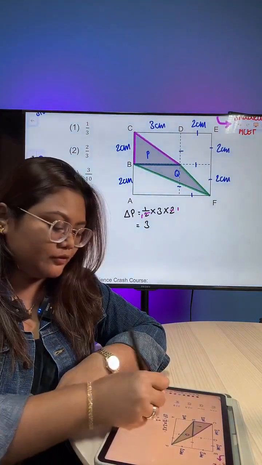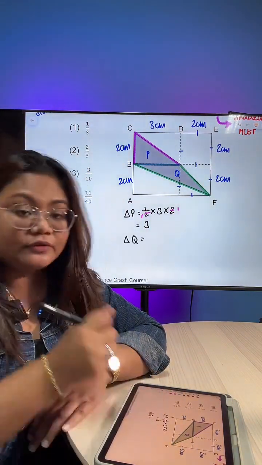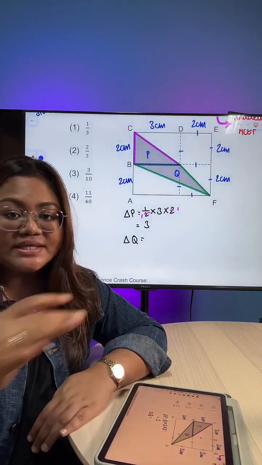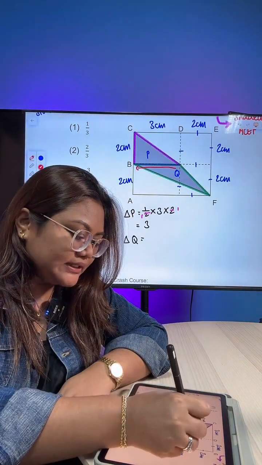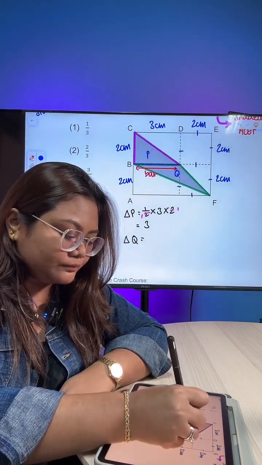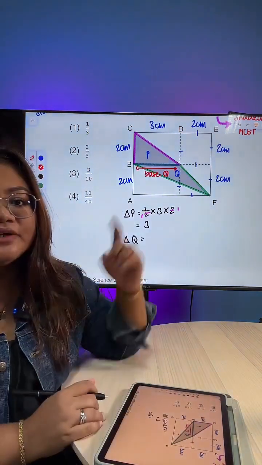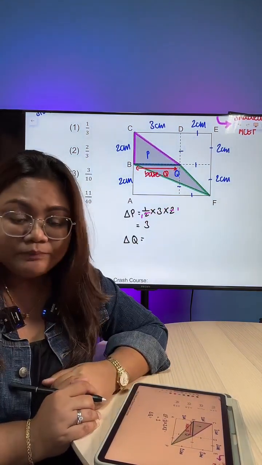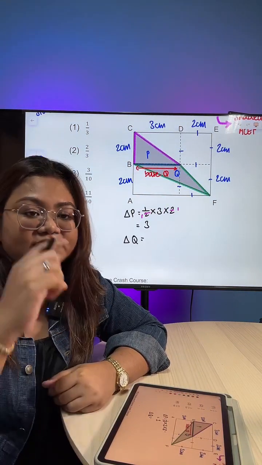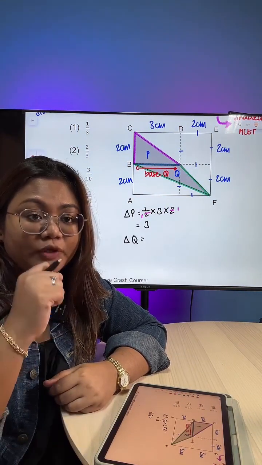Then we can look for triangle Q. Let's focus on triangle Q. Okay? The base will be one side of the triangle. So let's call this the base of Q. Okay? The red one, base of Q is this part here. This is the base of Q. Now I want the height of Q. Okay?